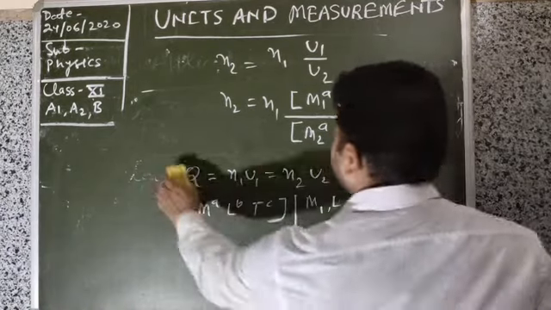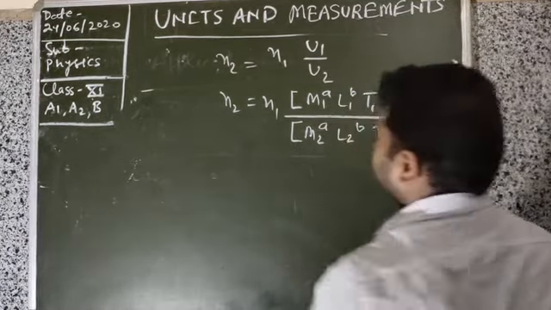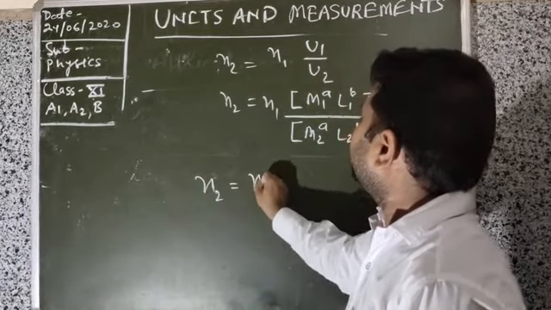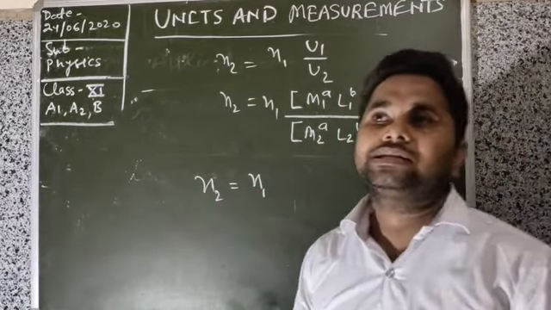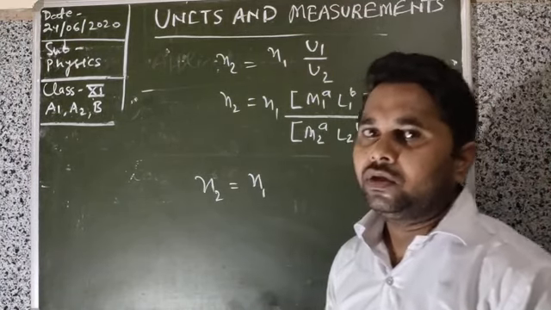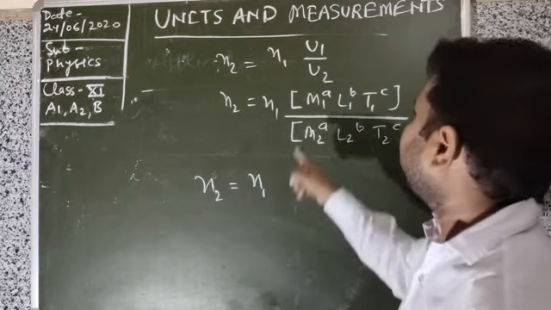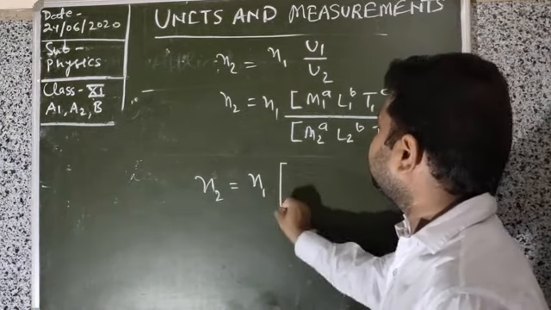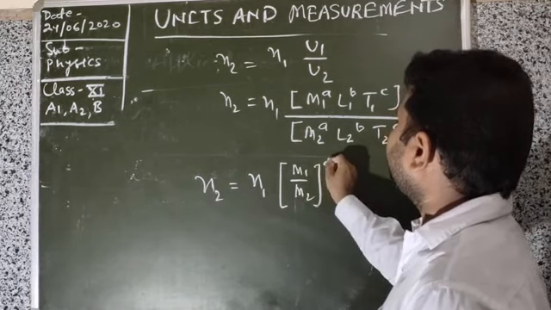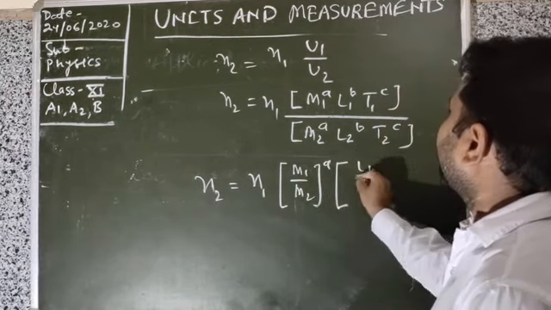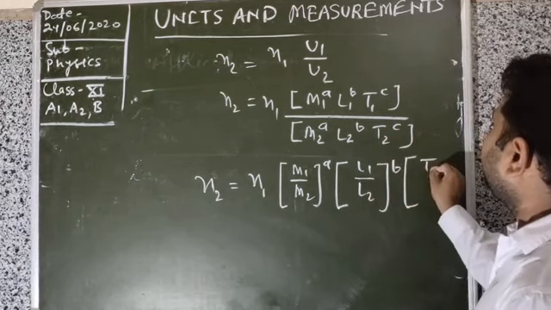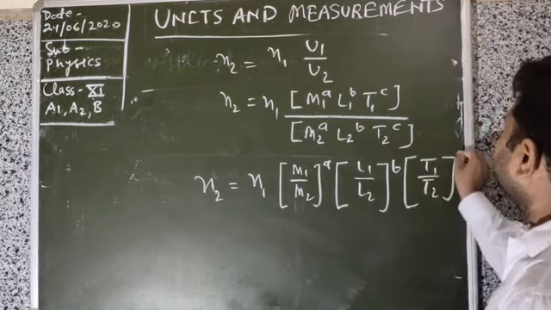See here. Now, in class 9 you have learned the chapter in mathematics, exponents. So using the laws of exponents, this can be written as (M1/M2) to the power a, (L1/L2) to the power b, and (T1/T2) to the power c.